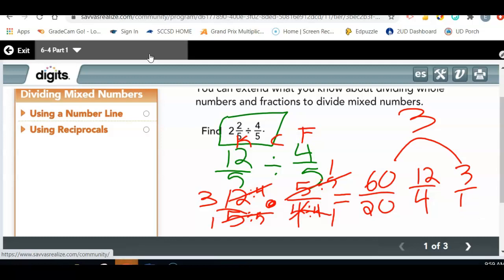So recap for me. What do we do when we divide with mixed numbers? Step 1 is going to be what? Parker. Change the number to an improper fraction. Perfect. Step number 2. Kendall. Keep, change, flip.